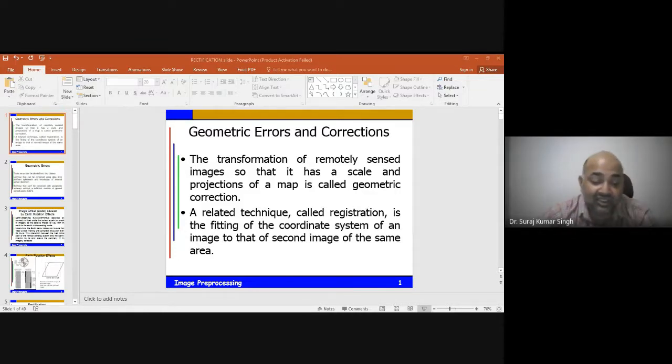So this type of resampling is input driven, output driven. All will depend on the amount of input that you are providing, and that depends on the movement of all the pixels in the input image to their new positions in the output image.